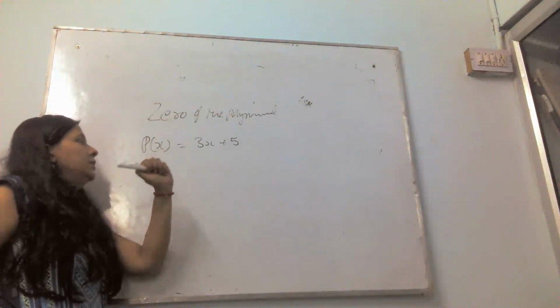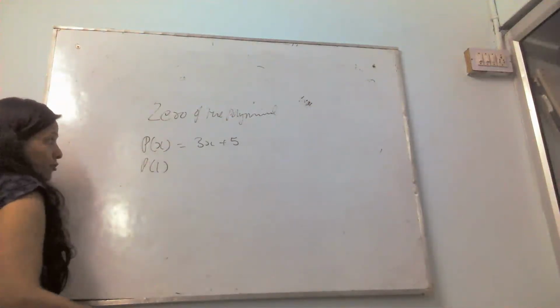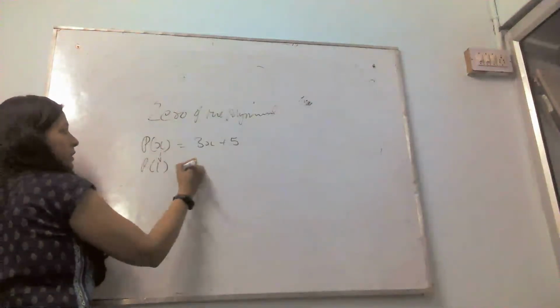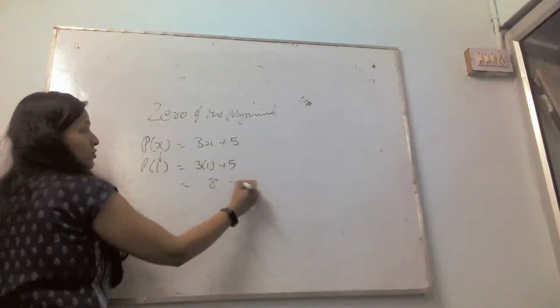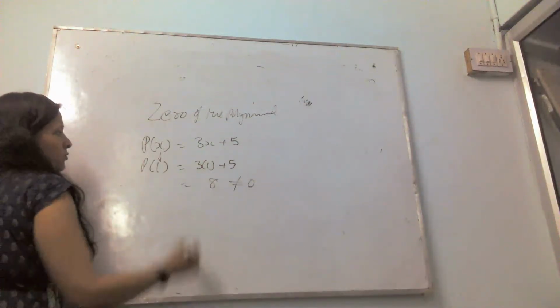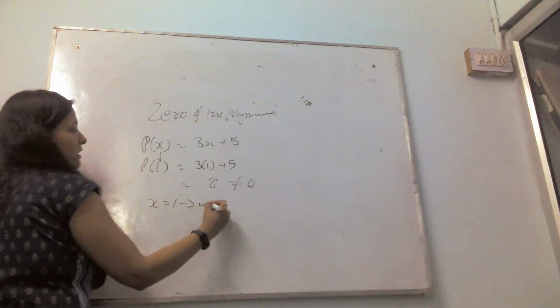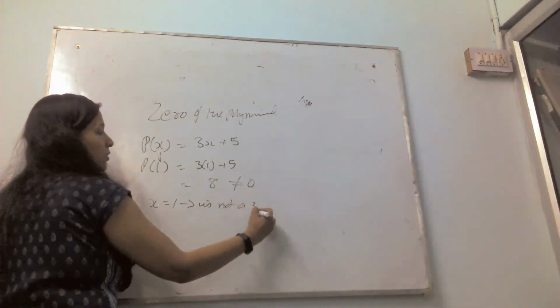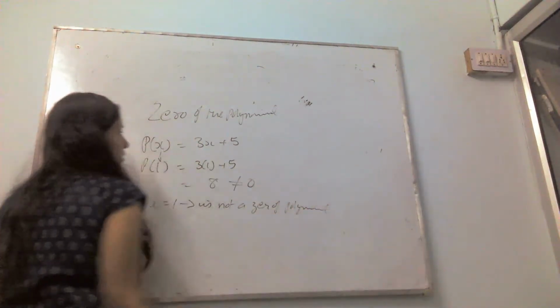Suppose if we put x equals 1 in the polynomial, we get 8, which is not equal to 0. So x equals 1 is not a zero of the polynomial.